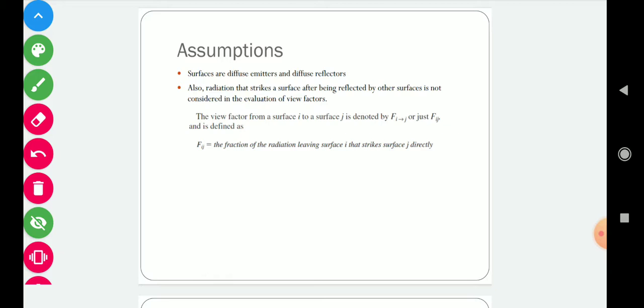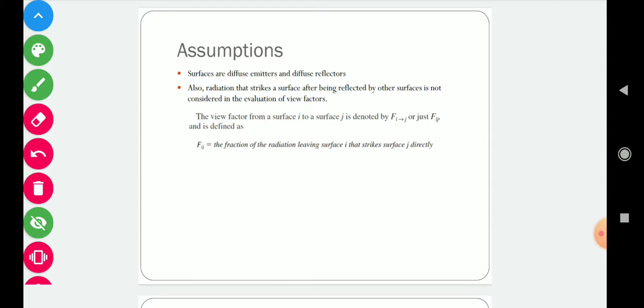It means the energy emitted by the object is uniformly distributed in all directions. This greatly simplifies our derivation, because if the energy is not diffuse, then the orientation, as you can understand, if it is not uniformly distributed, will also be a variable and it will complicate our derivation.